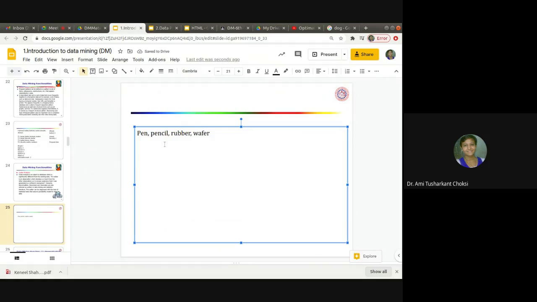Which is not part of this group. Obviously, we can say it is wafer. Yes or no? Yes, isn't it? Because that is not part of the group which we are considering here. Pen, pencil, and rubber are writing or drawing objects, but wafer is not part of this particular group, right? So it is different from the general behavior of the existing system, and that is why this is said to be an outlier, right?